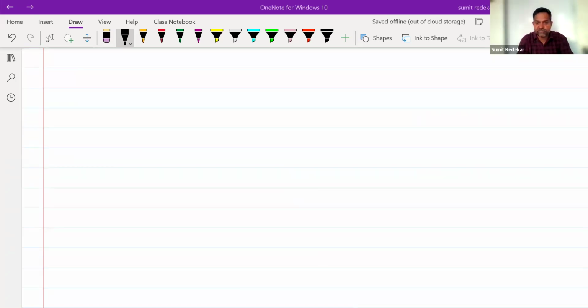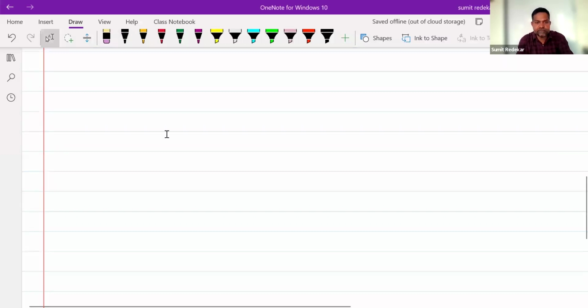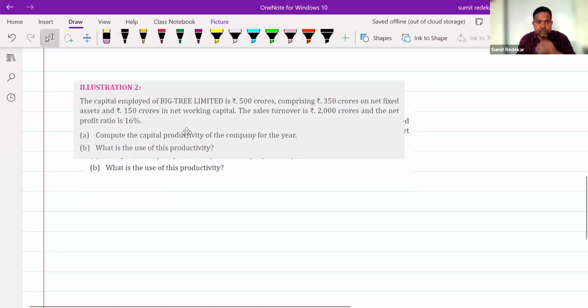Moving on to the next question. The next question is again an input output productivity. What does the question say?